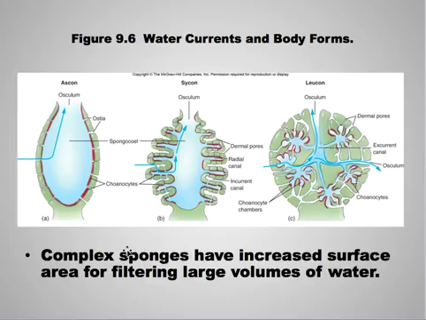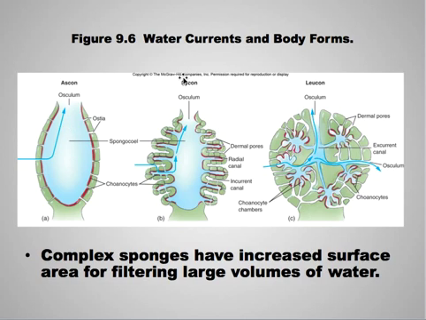So, sponges come in 3 general forms or body structures. The most simple of them are the asconoid form. In this case, water comes in through the sides and out the central cavity. And in all these cases, they are trapping food particles as they go.